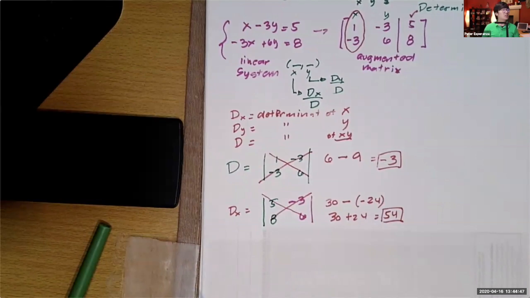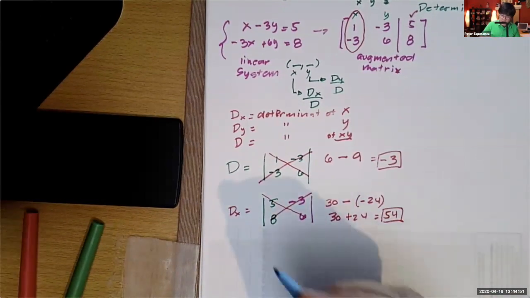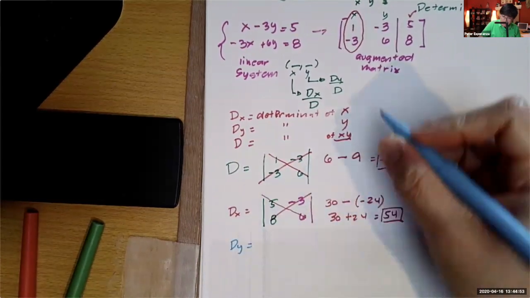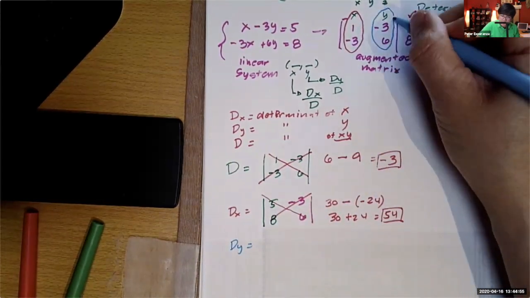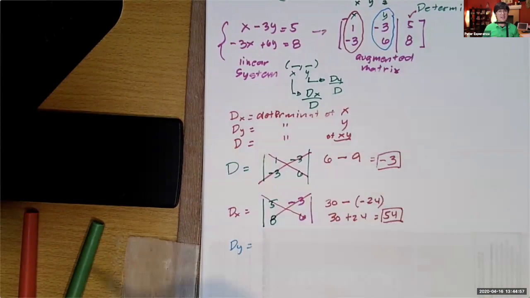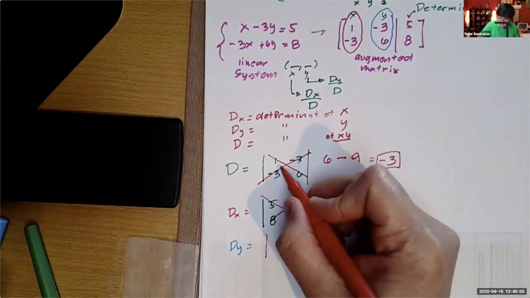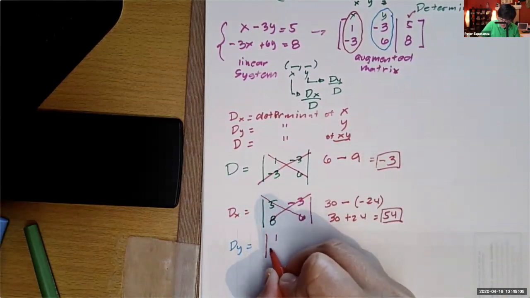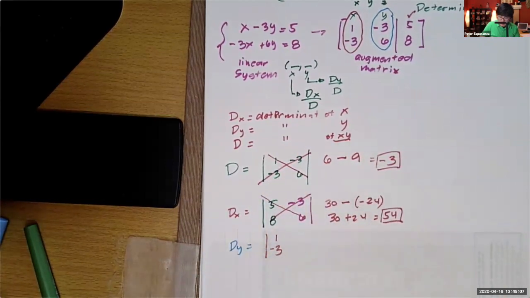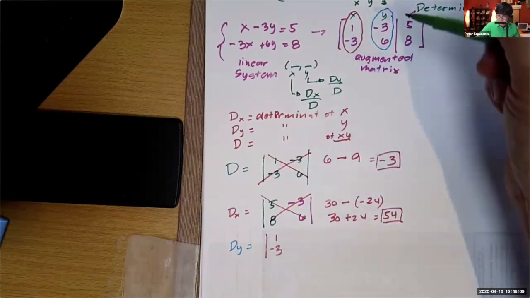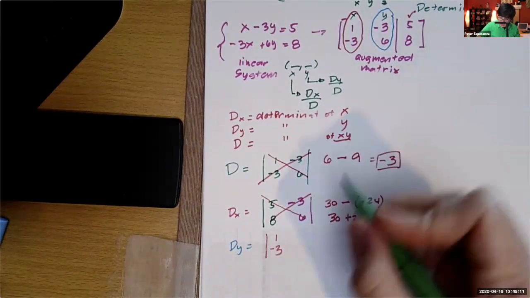Now, how are we going to find dy? We find dy by replacing the y column with the right-hand side, and we copy the x column because we did not change it. So x is still 1, negative 3, and the y column is going to be 5, 8.